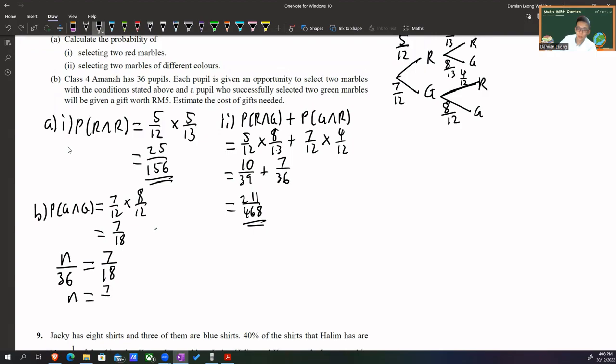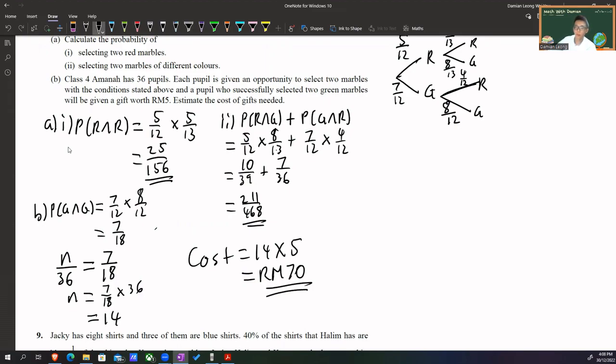So let's bring over the 36, divide opposite times, which is 14. So estimate it should be 14 students who can get the gift. So the cost would be 14 students times 5 ringgit, which is 70 ringgit. And that is for question 8.